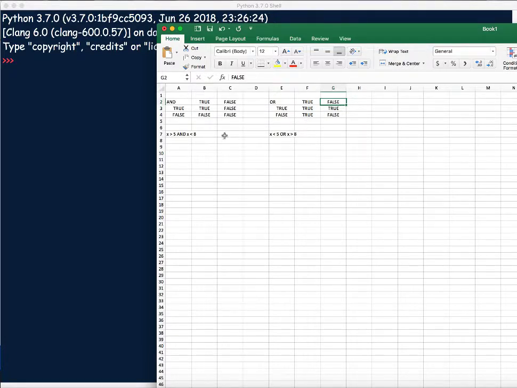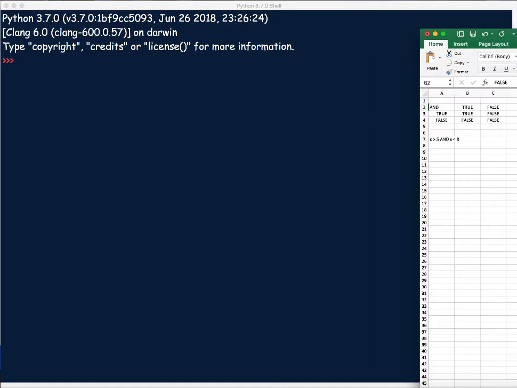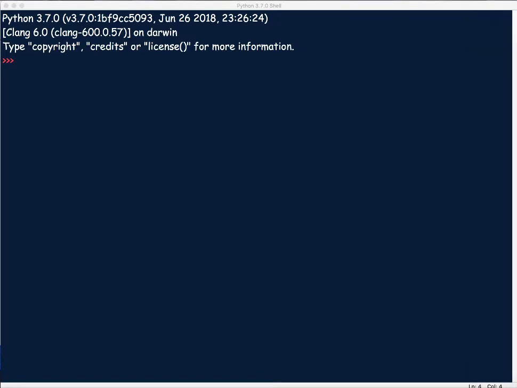All right? So let's evaluate a couple statements using Python. I'm going to slide this out of my way a minute here. And we're going to say, okay, let's set x equal to 5. All right? So we're going to check x greater than 5 and x less than 8. Okay?